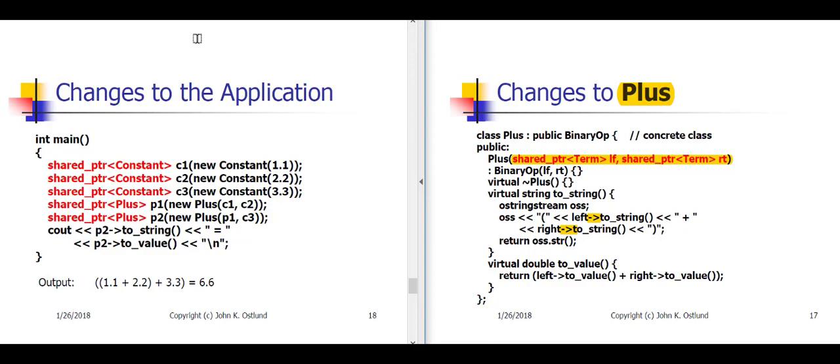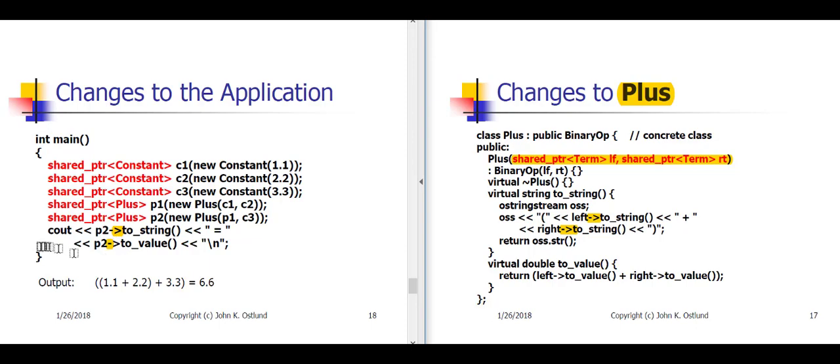Likewise, C2 is a shared pointer to constant, C3 is a shared pointer to constant, P1 is a shared pointer to plus, P2 is a shared pointer to plus, and these shared pointers all behave as ordinary pointers do, so that I can call P2 arrow toString and P2 arrow toValue.